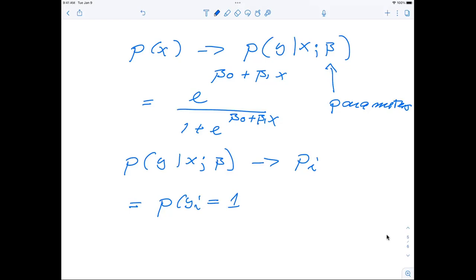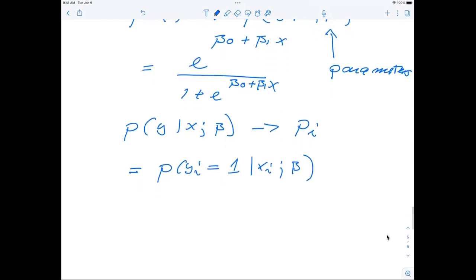That's my output. And then I have x of i, a specific input, and I have these parameters beta. Then we know that the probability, so let's call this quantity P of i, and then I'm going to have y of i equals 0 with a given x of i with a given beta. And this is obviously, since we have a binary case, this has to be equal to 1 minus P of i.